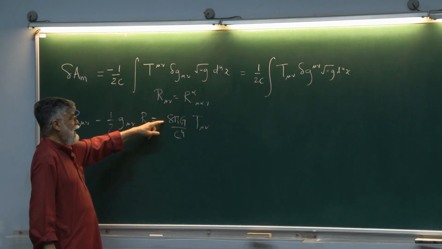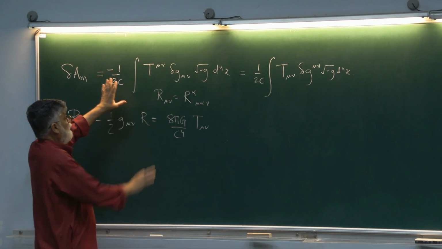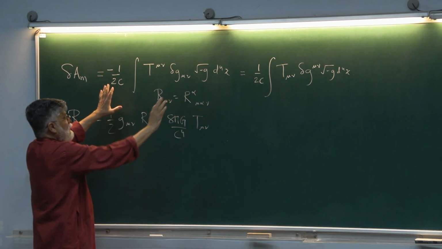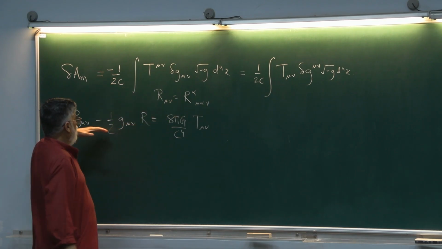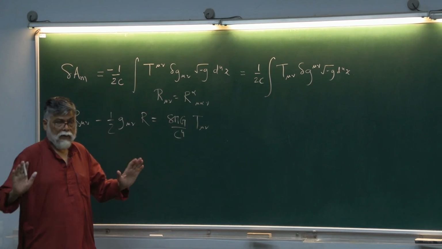Yesterday I was getting a negative sign because I had interchanged the signs. So with the correct sign assignation, you will get this as the Einstein equation. The first thing.